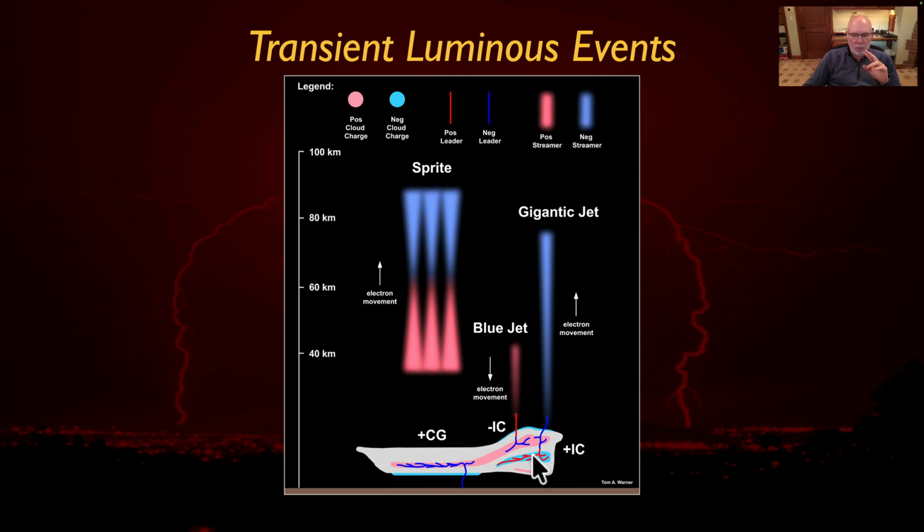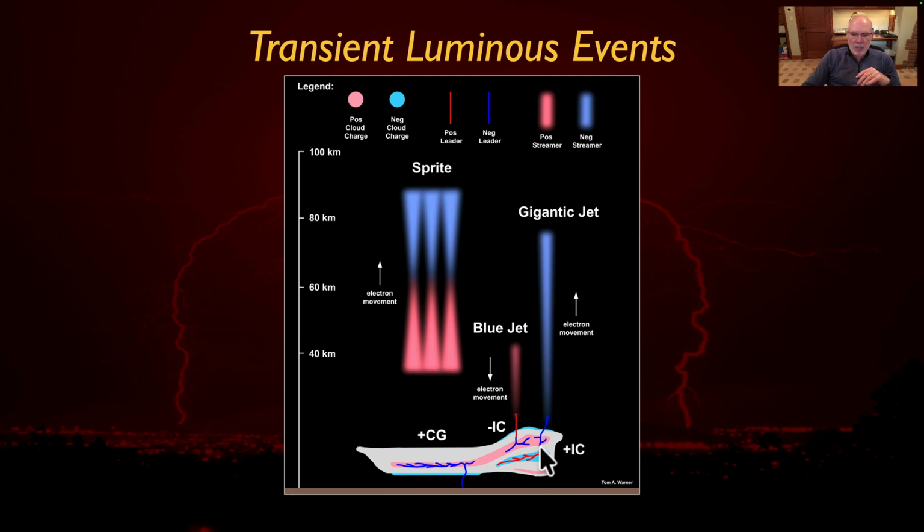And there's two types. There's a blue jet or a gigantic jet. And these are actually resulting or part of cloud flashes. And this was shown by the scientists at New Mexico Tech very clearly in one of the papers they produced in 2008, showing, based on the LMA data, how these flashes develop.